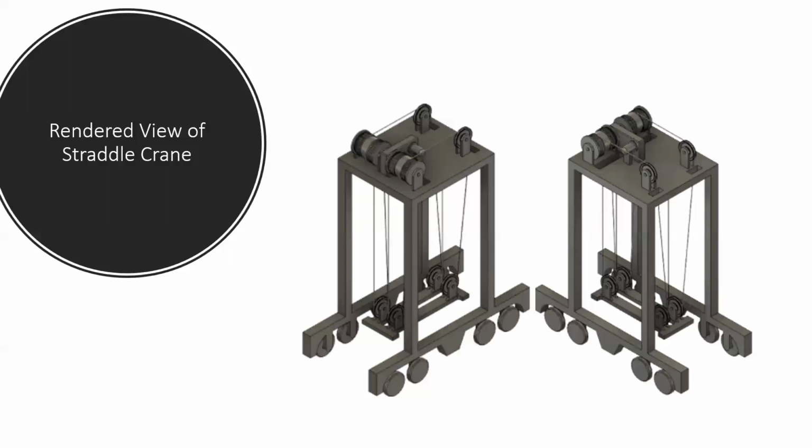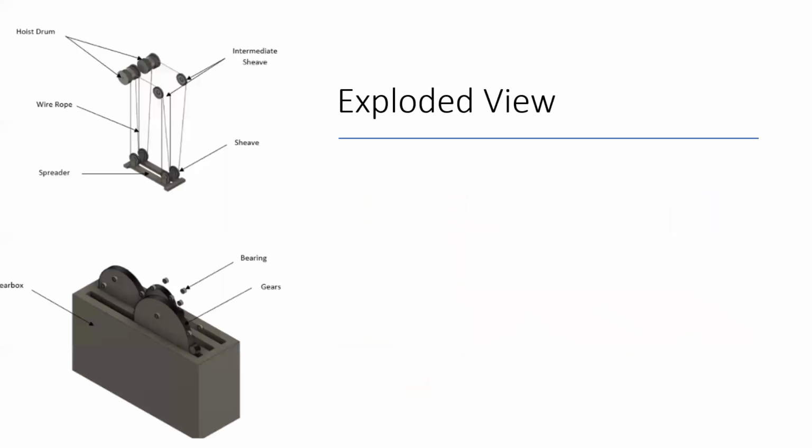This is our 3D model, the rendered view of the straddle crane. And this is our exploded view, which contains the important parts for our straddle crane, which are first the hoist drum, then the intermediate sheaves, then the sheaves at the bottom, the wire rope, and the spreader, which will lift the 20 feet ISO standard container.